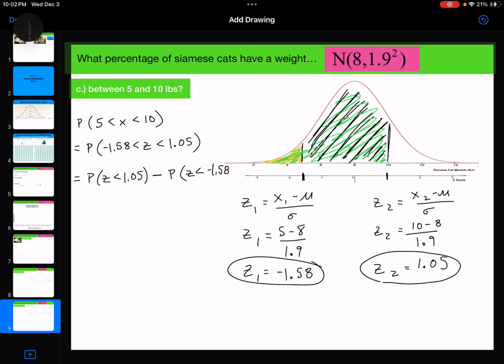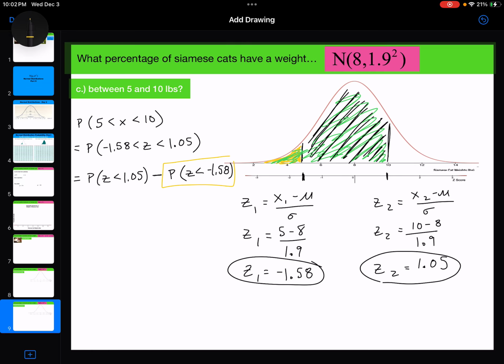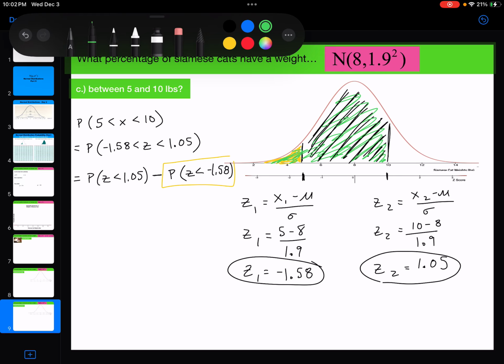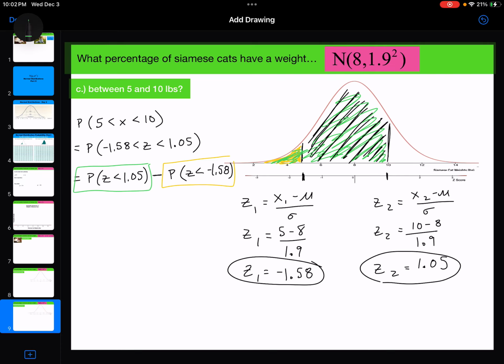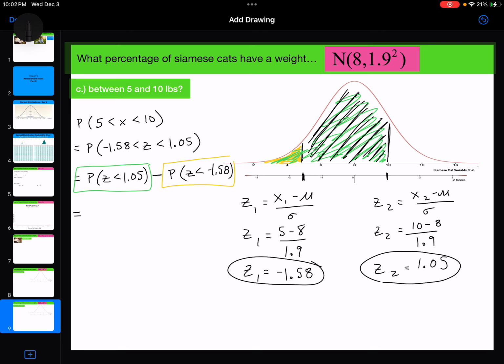I'm going to circle those in yellow for the 1.58 and in green for the 1.05. Okay, so those are the two areas, and after we do the subtraction, that's going to give us the black area. So pause, look up those values, do the subtraction, and see if you can figure it out.